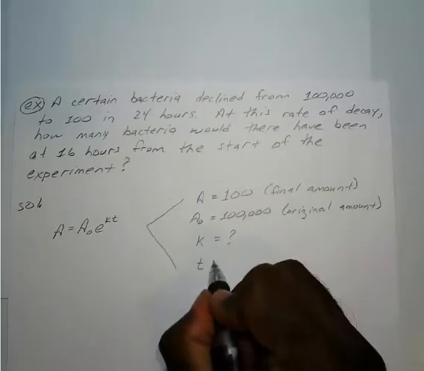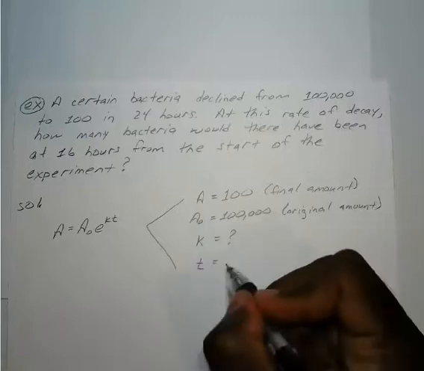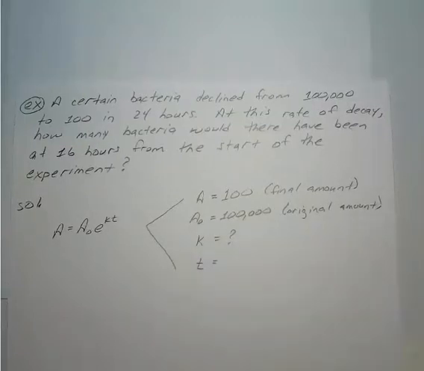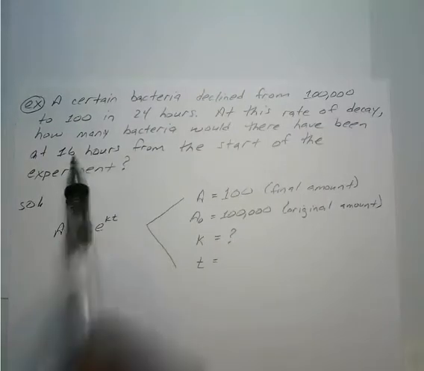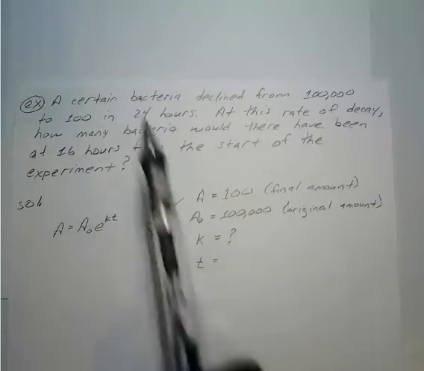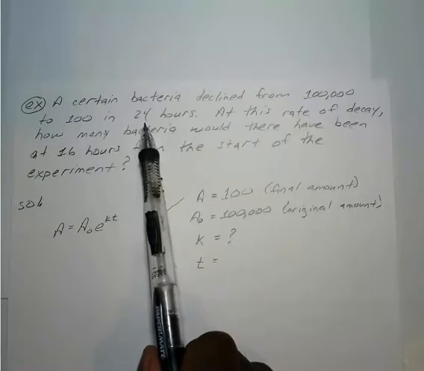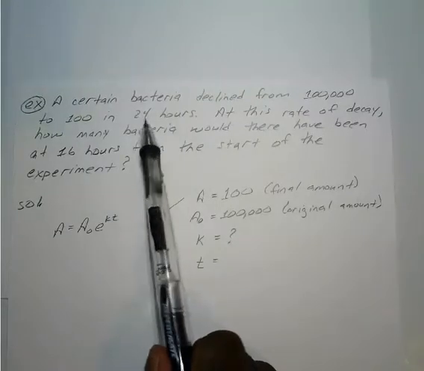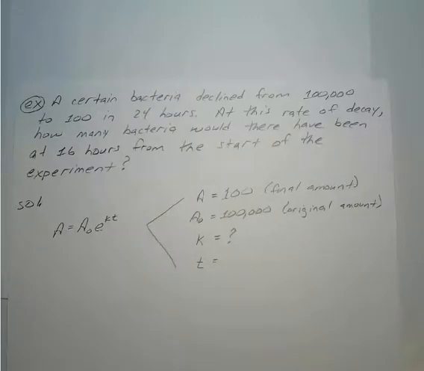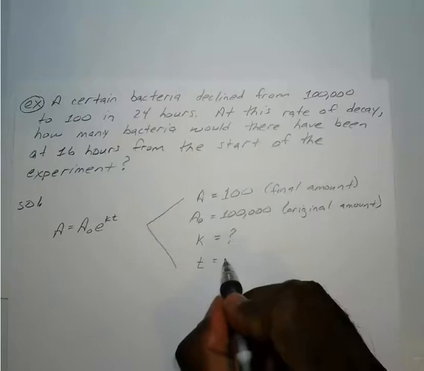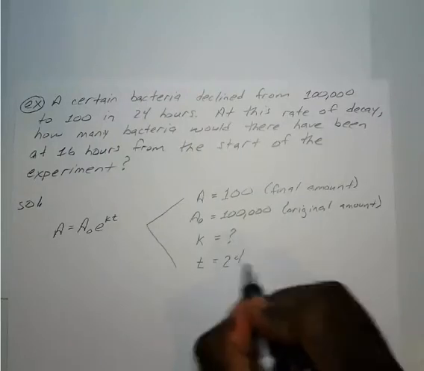Our time is equal to, we can't use 16 hours because this question says, what is the rate in 24 hours? So we have to find the rate first for the 24 hours before we can find the rate for the 16. Okay, so here our t is equal to 24 hours.